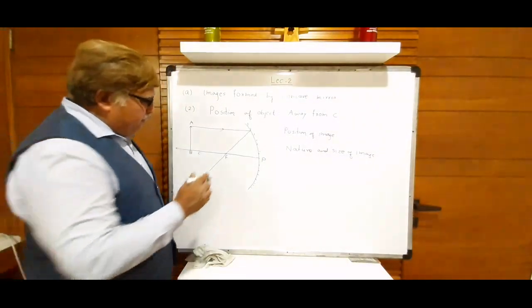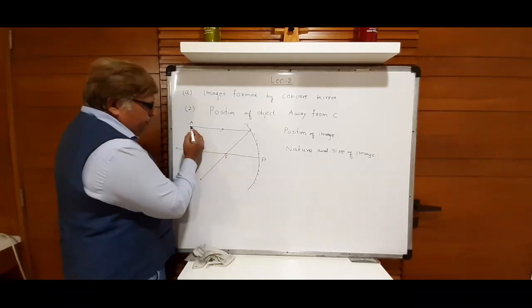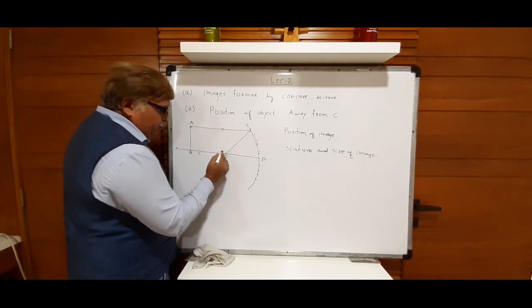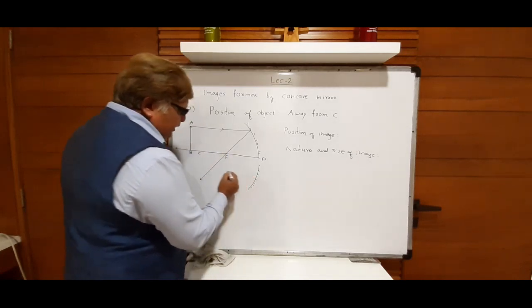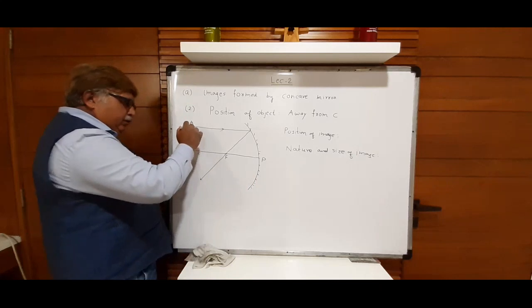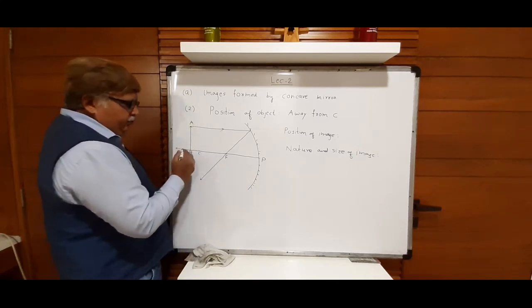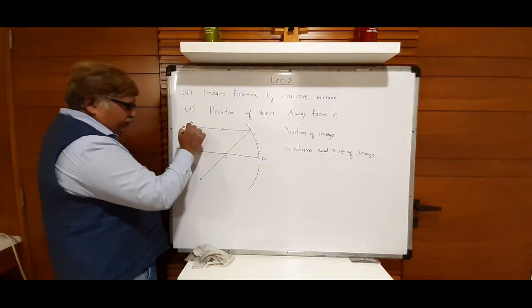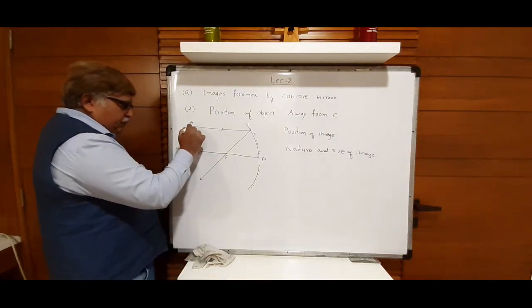Now the second ray, there are two options. Either you adopt the option of ray passing through focus and then become parallel, or you directly pass the ray through center of curvature as they have given in textbook. You can do this also.